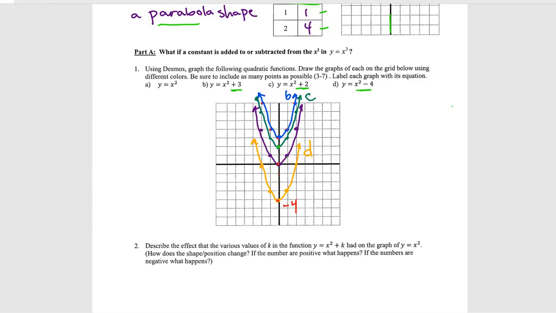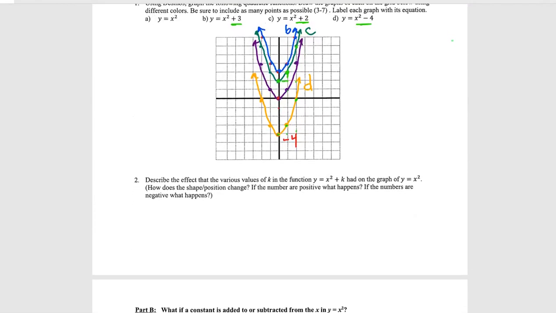We have our vertex, and then over 1 and up 1 from the vertex is the next dot. Over 2 squares from the vertex and up 4, we get our next point on each of these graphs. That pattern is the same, over 1 and up 1, over 2 and up 4. So it's the exact same shape, we've just translated or shifted the whole graph up and down.